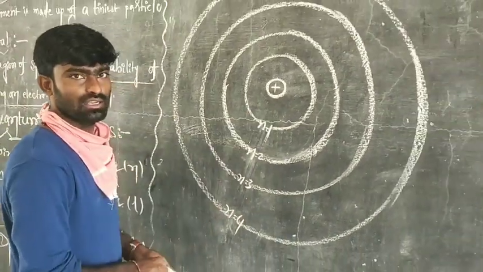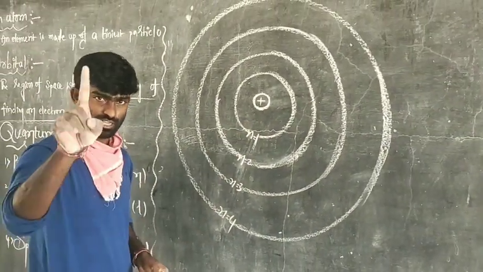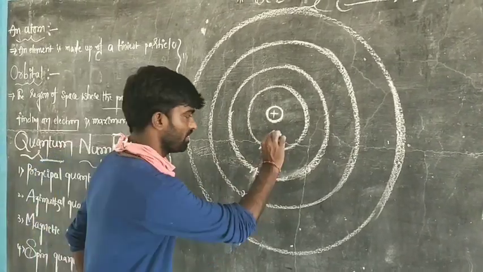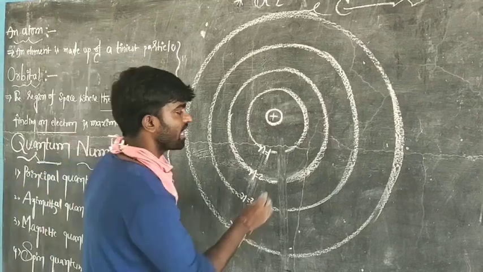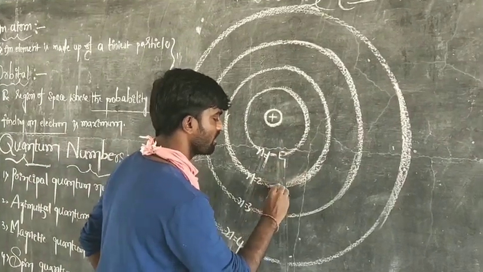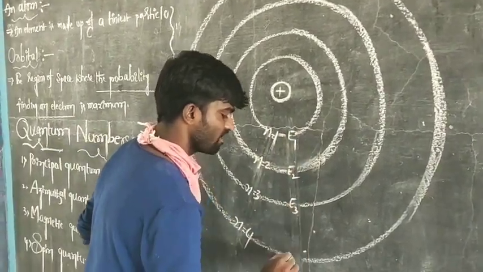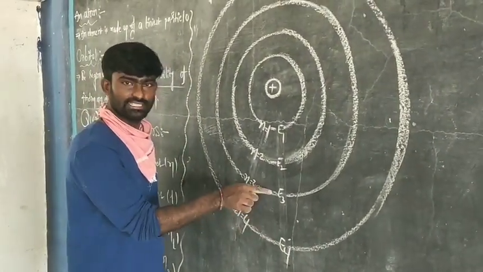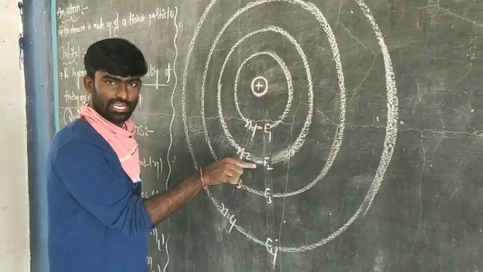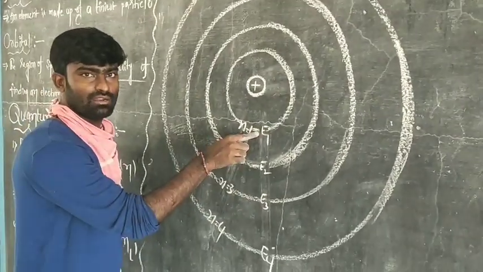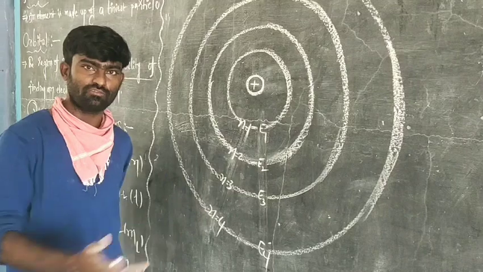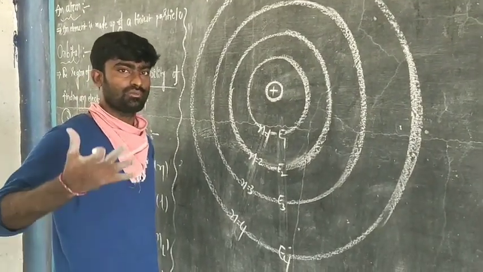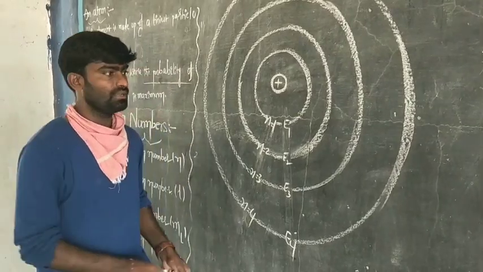This is about the principal quantum number, the first quantum number, which explains about the size of the orbit, which also explains about the energy E1, E2, E3, E4. According to principal quantum number, E4 is greater than E3, E3 is greater than E2, E2 is greater than E1. As long as the electron moves away from the nucleus, the energy of the orbit will increase. That's about the principal quantum number.